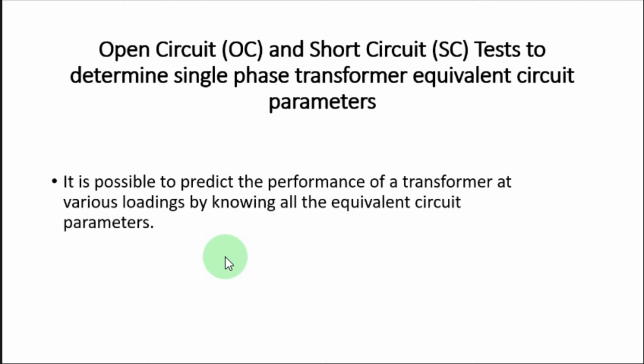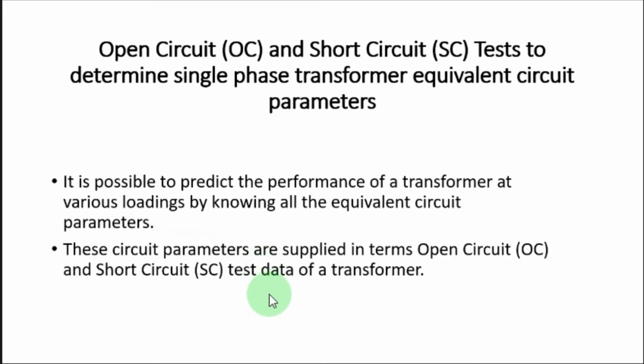Therefore, you can apply the normal theorems to analyze the single-side circuit, right? So if you know the load, then you can calculate the other currents and the voltages easily, right? That is why we are going to find out the parameters of a transformer using the open circuit and short circuit test.